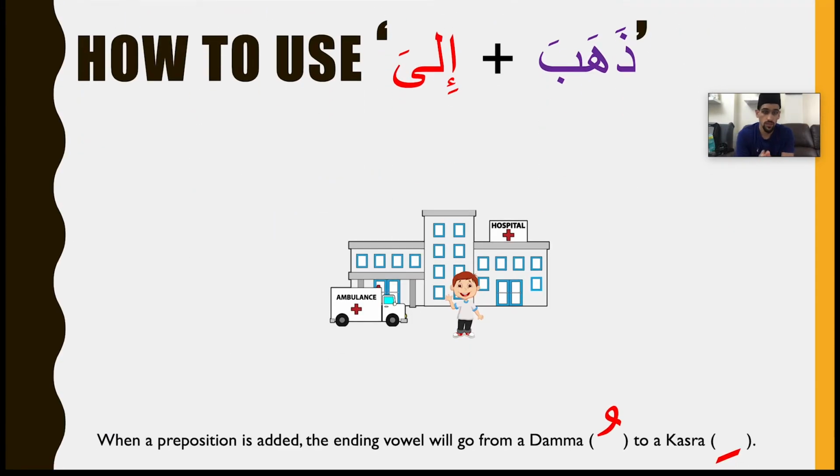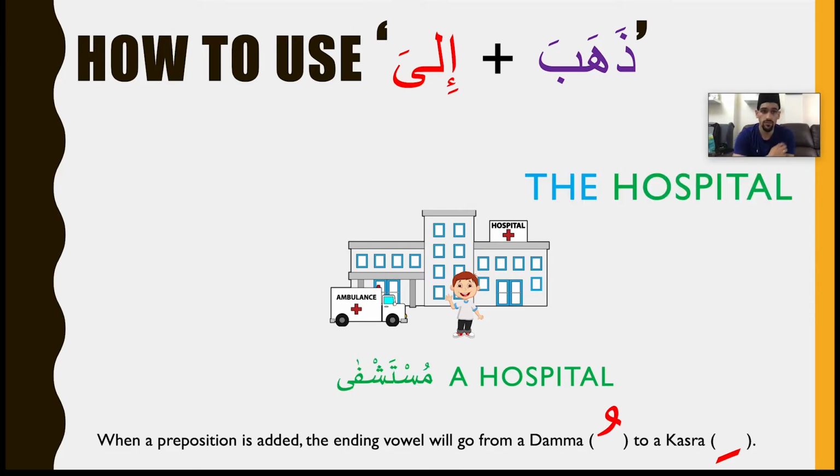So let's do one more example. Here we have a hospital. The word for that is mustashfa. The hospital is al-mustashfa. Here you can see the ending doesn't change because there's no tanween. This is a special rule for some words which end in a vertical fatha, this dash above the fa.